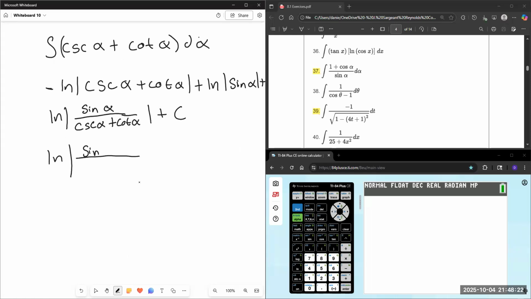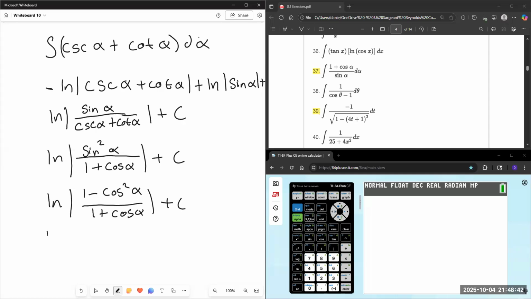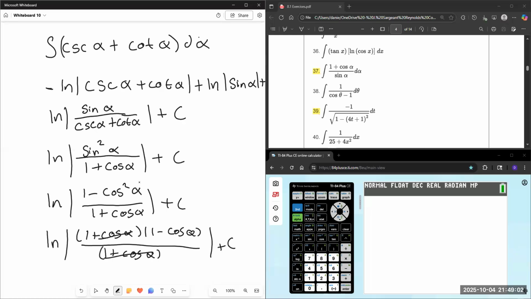So this is going to be sine squared alpha over 1 plus cosine of alpha plus c, and sine squared is 1 minus cosine squared alpha over 1 plus cosine of alpha, and 1 minus cosine squared alpha breaks up into 1 plus cosine of alpha and 1 minus cosine of alpha over 1 plus cosine of alpha, which will zero out, plus c.